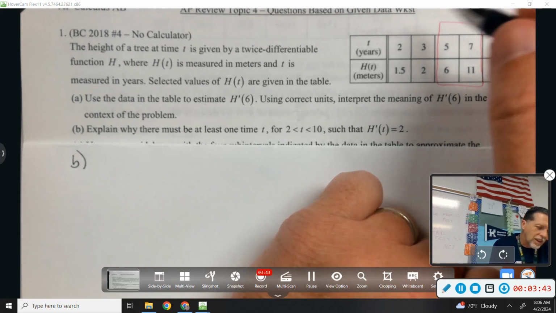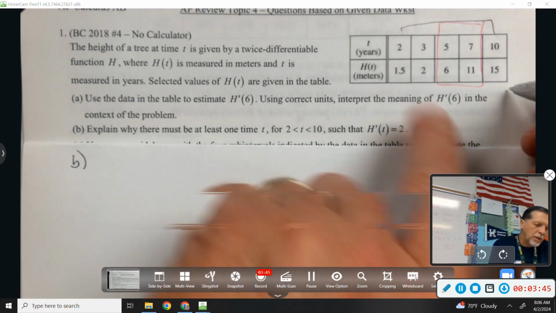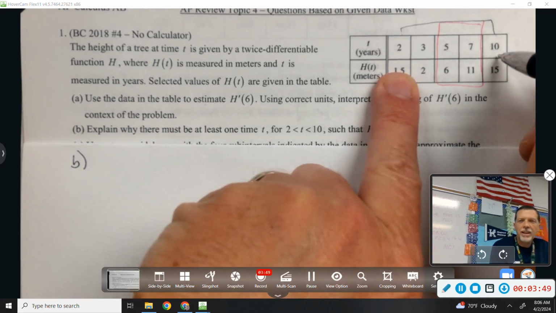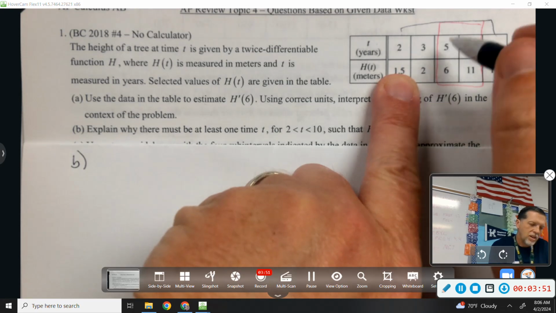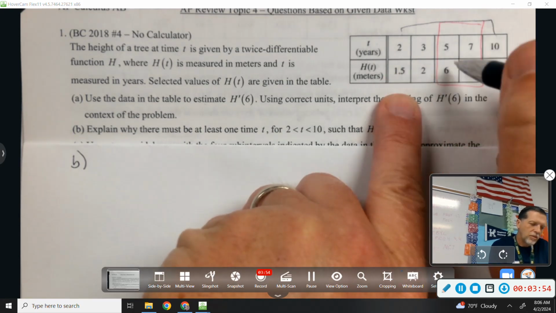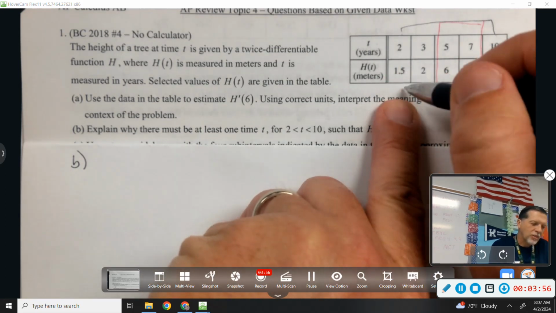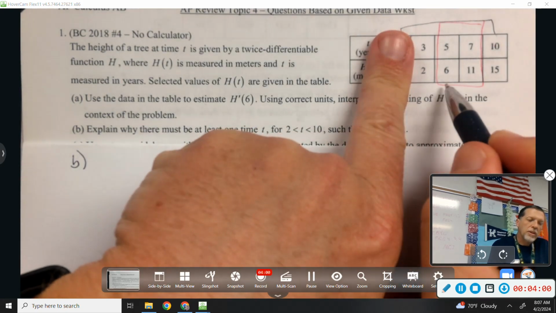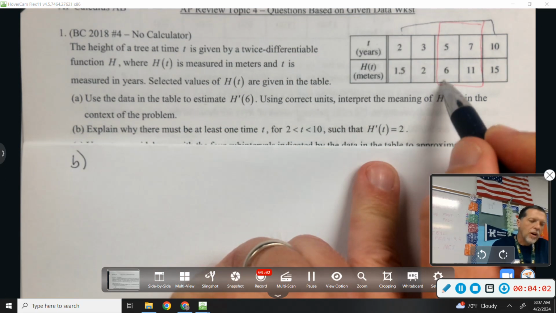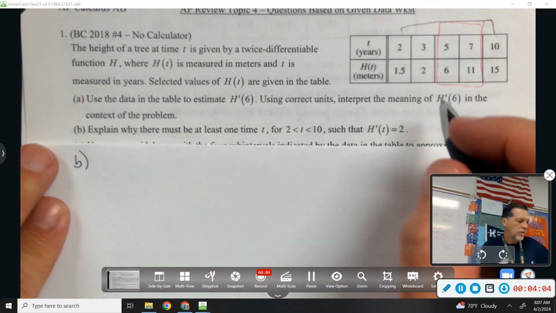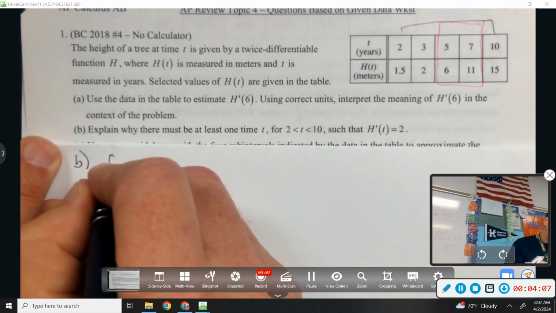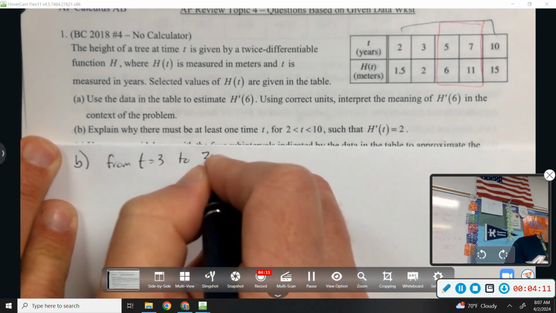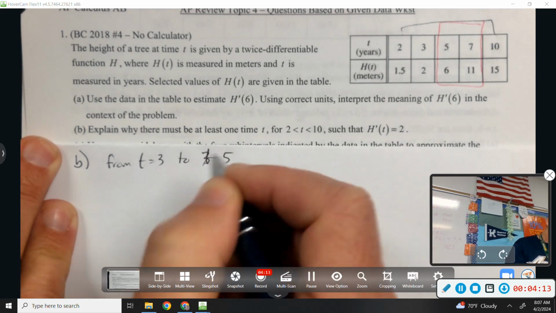Let's see, from 2 to 10, that would be 15 minus 1.5 divided by 8. That's not going to be 2. 2 to 5, this 1.5 thing is throwing me off, so it's probably not going to be that one. From 3 to 5, our derivative is going to be 2. So let's say from t equals 3 to t equals 5.